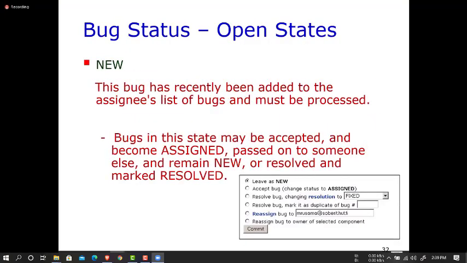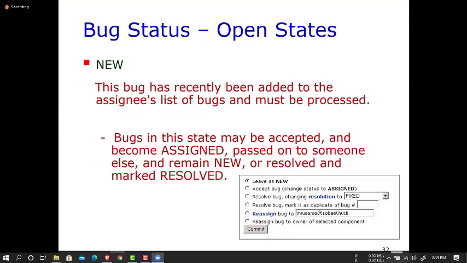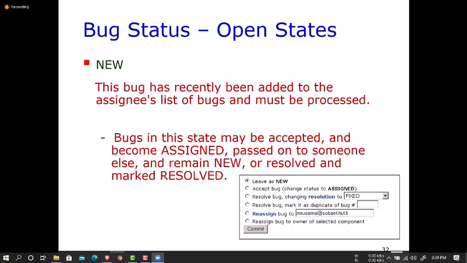Unconfirmed, that is the first state. Then new. When a bug is confirmed, it will be moved to new state.